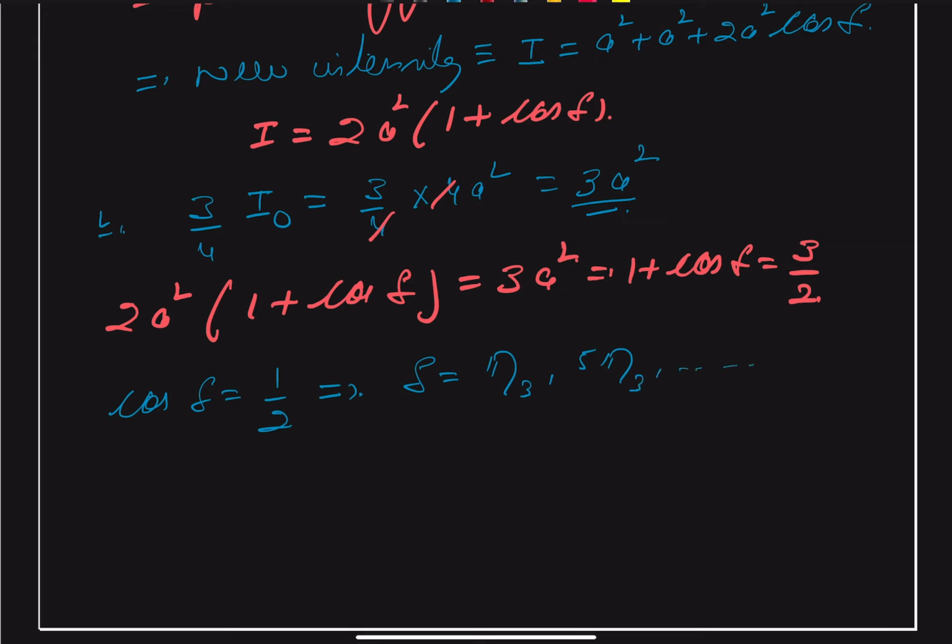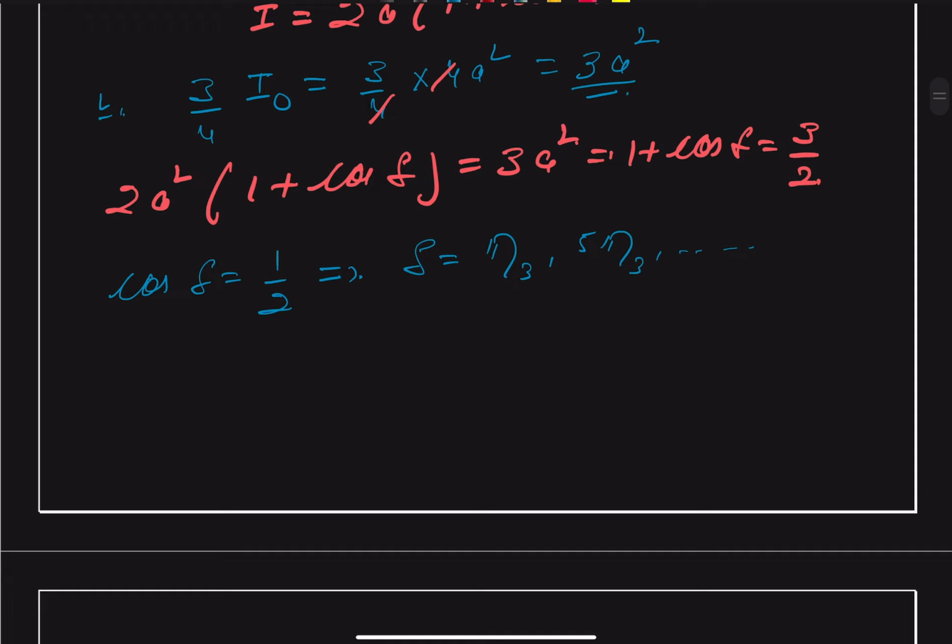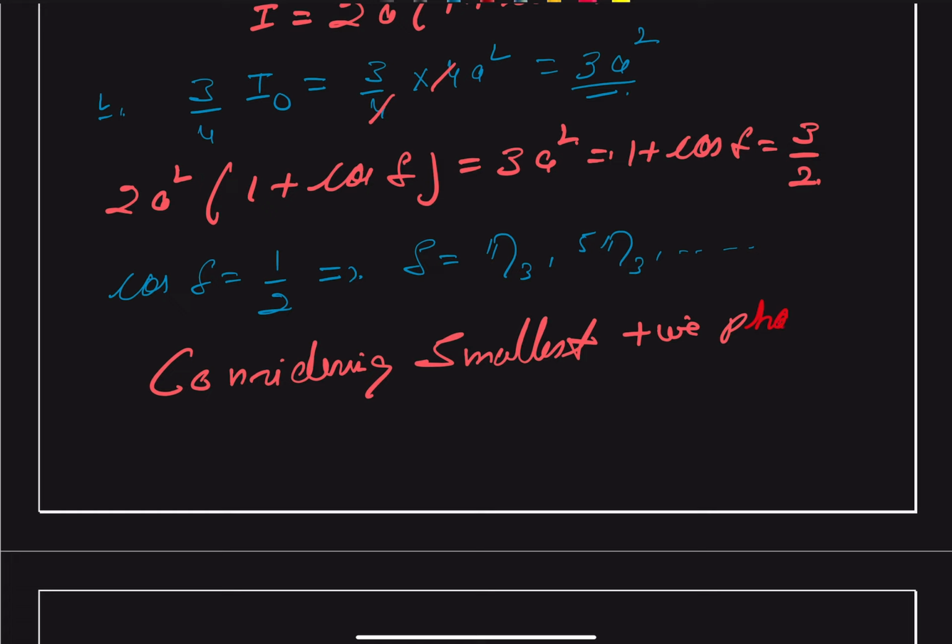Taking the smallest positive phase shift, delta is equal to pi by 3.